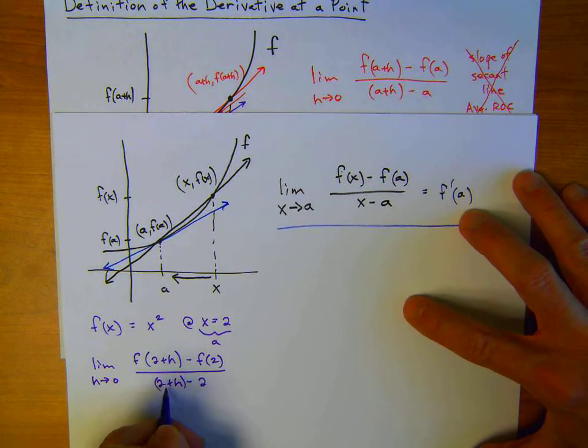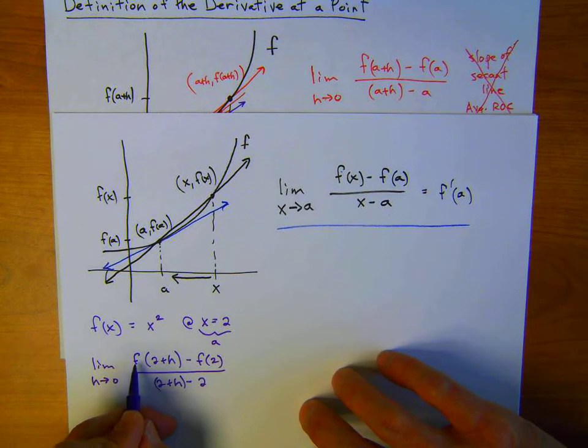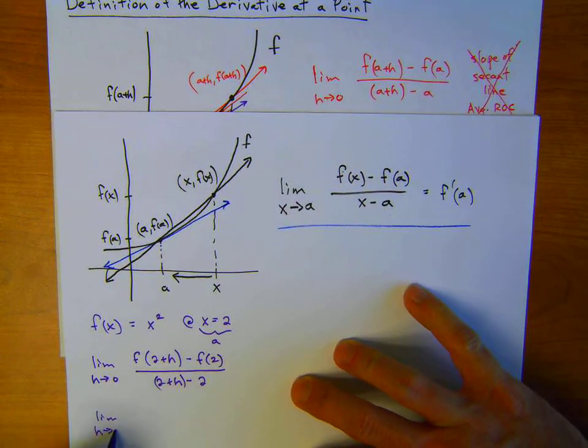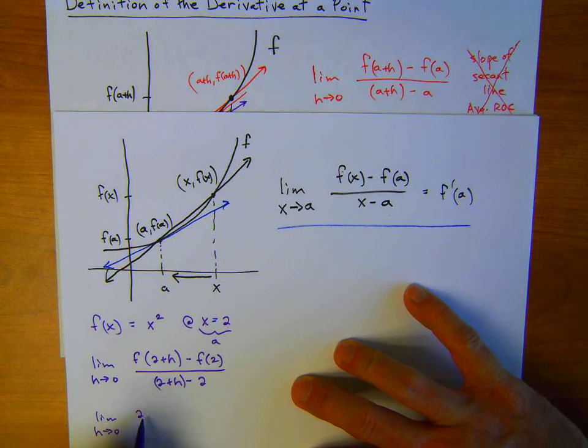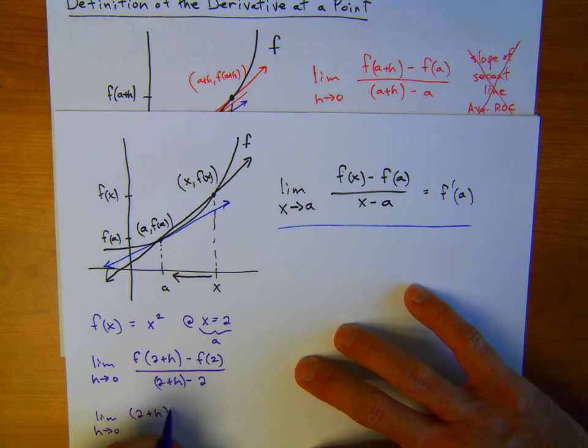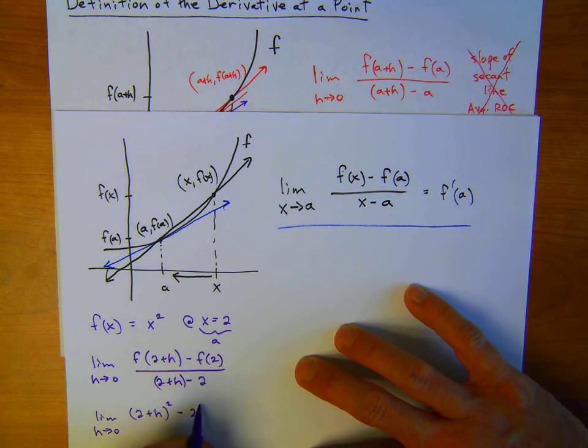In the denominator, we're just left with h, but f is x squared. So we're going to take the limit as h goes to 0 of 2 plus h squared, minus f of 2, so that's just 2 squared, over 2 plus h minus 2, that just leaves us with an h.